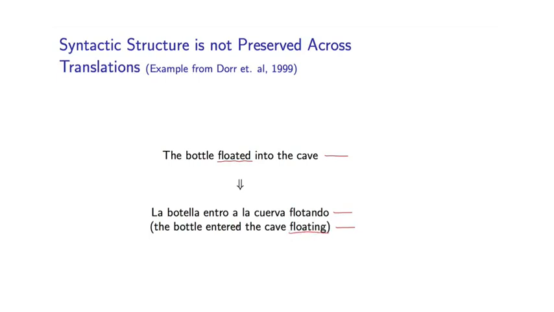So floating is an adverb modifying entered. And the preposition into is in some sense being translated as entered, or it certainly has a strong influence on the choice of verb in this case. So you see the verb becoming an adverb and the preposition having a strong impact on the choice of main verb of the clause. There's not necessarily a direct correspondence between the syntactic structure of these two translations. That again can pose major challenges for translation systems.